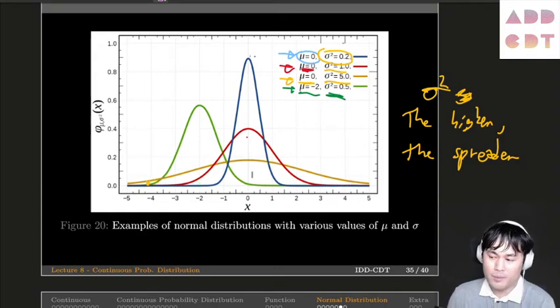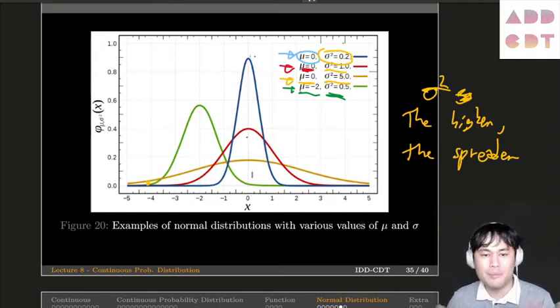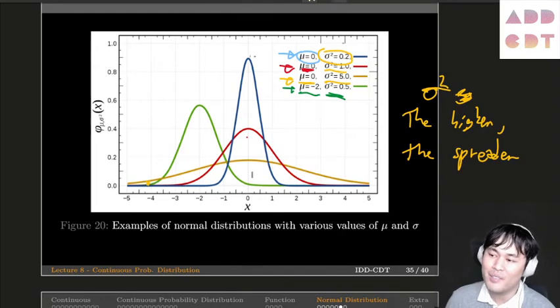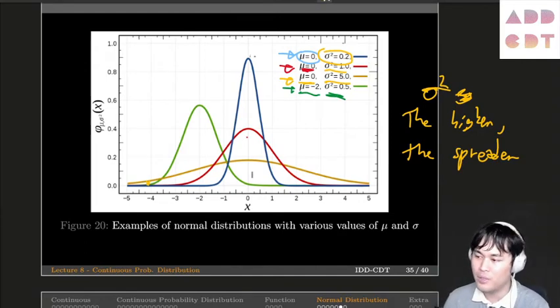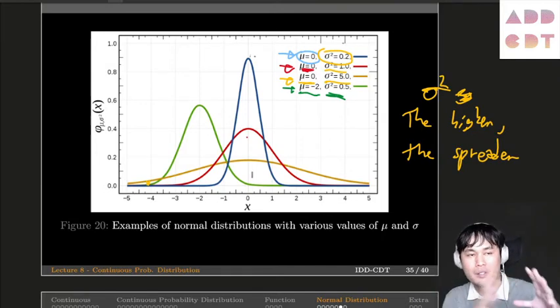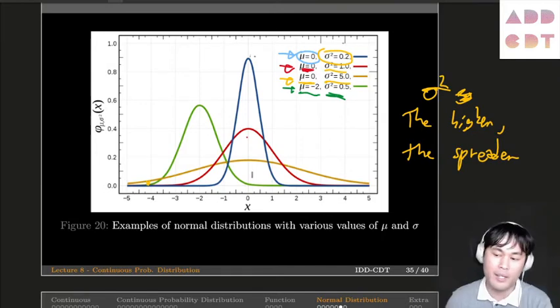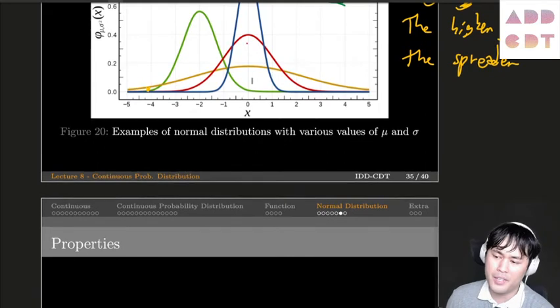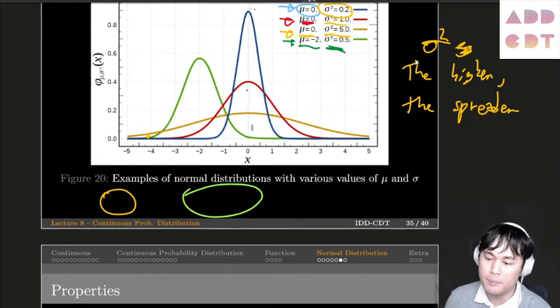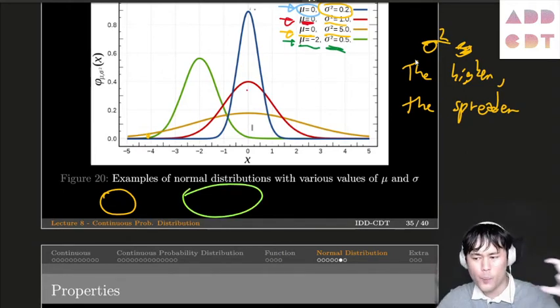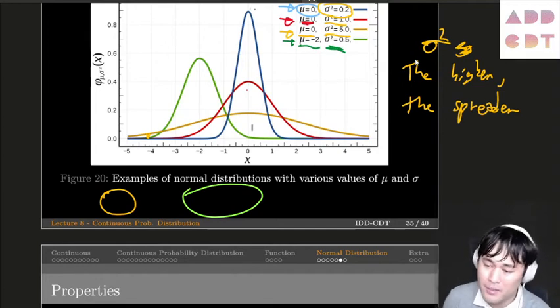We have so many curves, right? But they kind of look the same, don't they? And if they look the same, then we should have some standard curve that we can take a look at, and then we can scale it up and down. In the same way that you can find the area of a circle. That's easy, right? But what about an oval? The oval is kind of wider. But you can adjust the width.